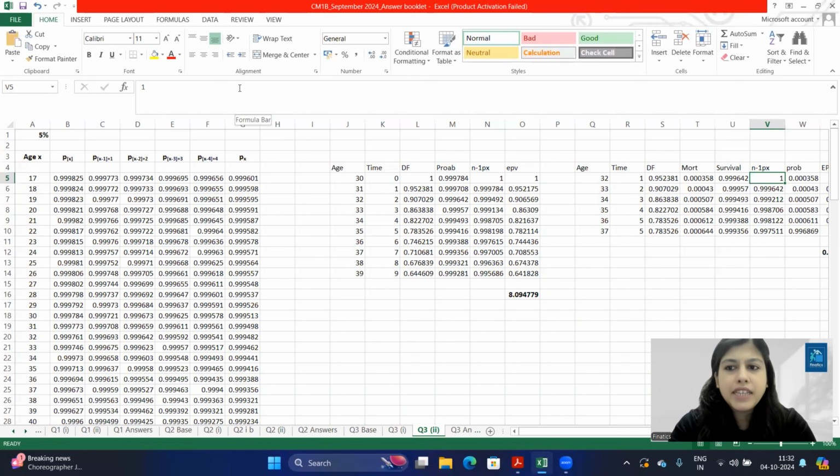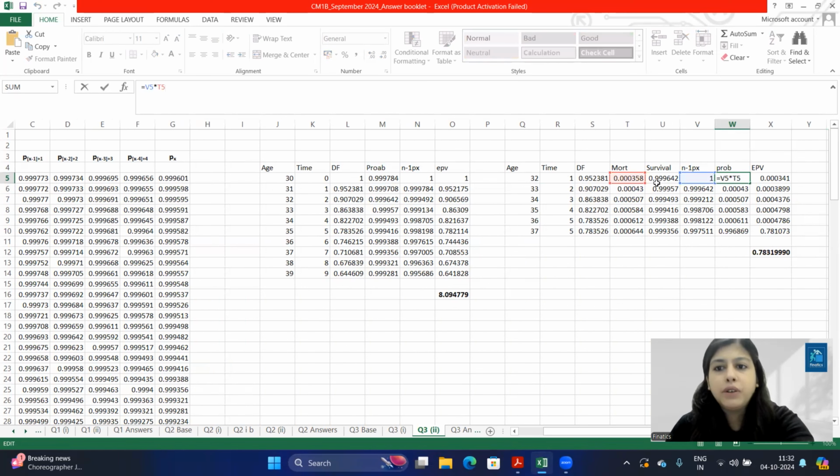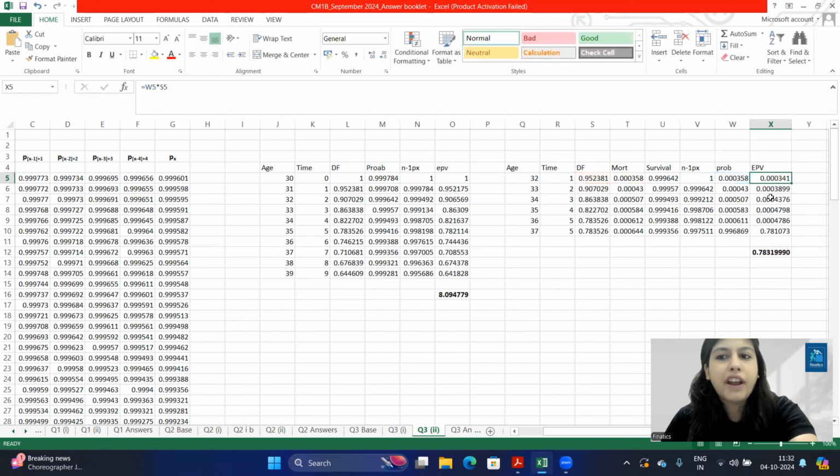N minus 1 px is again calculated similarly using the consistency principle. Probability is calculated as V5 into T5, which is this, and V5 into N minus 1 px into mortality is the probability, and EPV is the probability multiplied by the discounting factor.